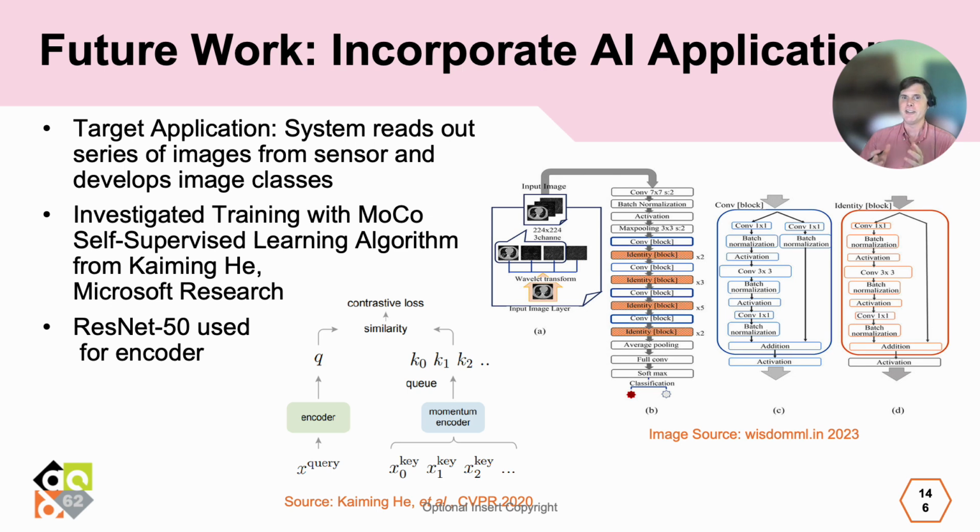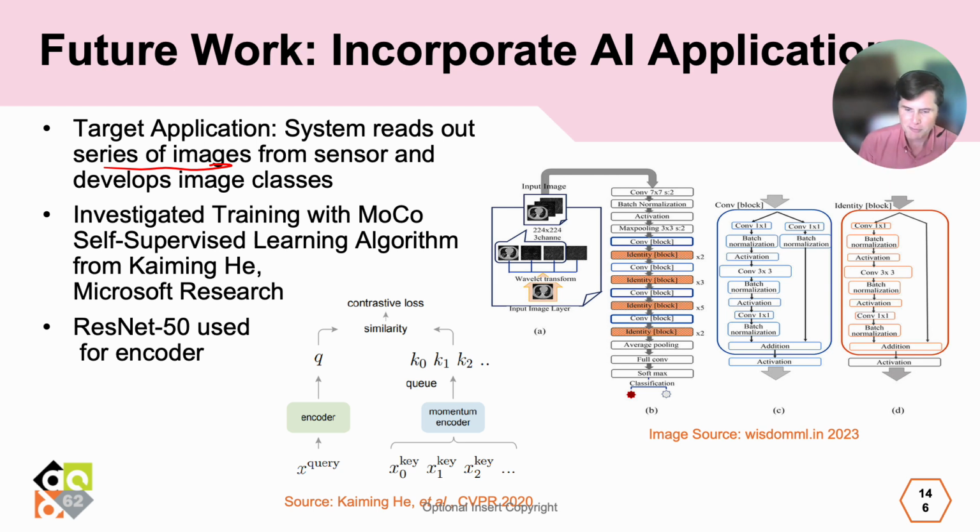So you can imagine that if you've got a stacked system on chip with an image sensor and an SoC with it that's going to implement your machine learning algorithm, it could read out a series of images from this image sensor and then train on those images to figure out what it's seeing. Without having to give it a set of preset classes, it can compare the differences in the images that it sees and develop its own set of classes, which you can then later assign to the different things that it is seeing.